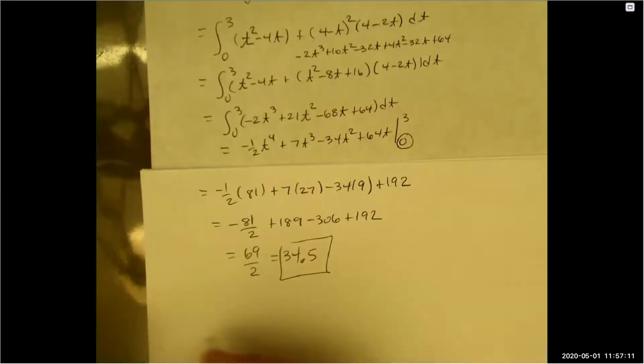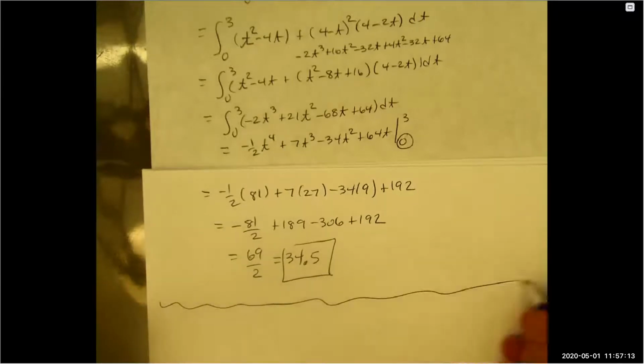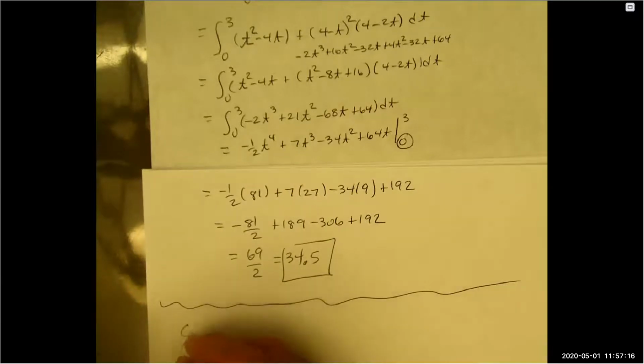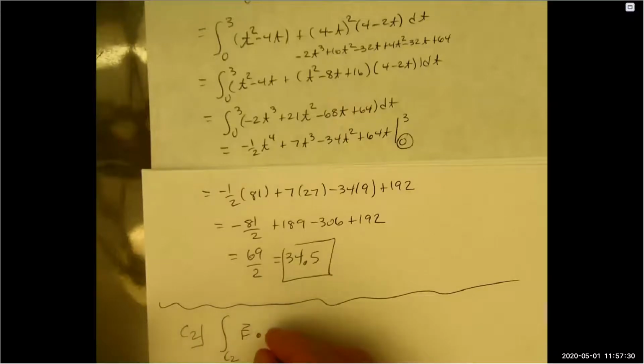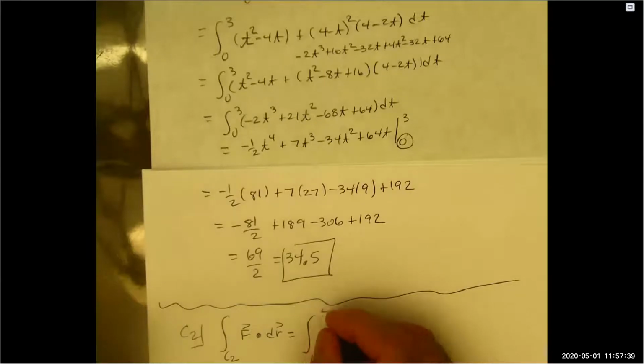All right, so let's take a look at C2. So for C2, we have the integral over C2 of F dot dr, which is going to be the integral from 1 to 4.